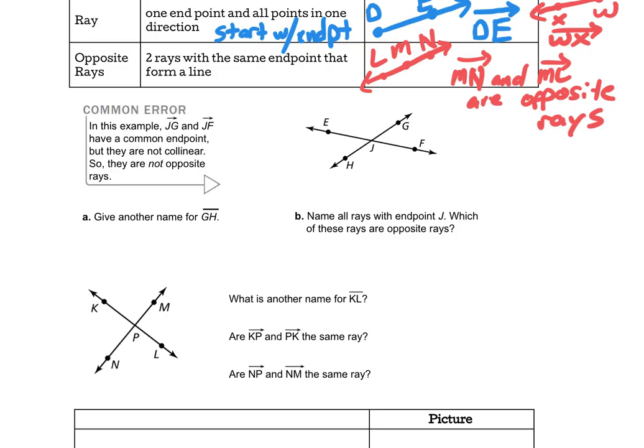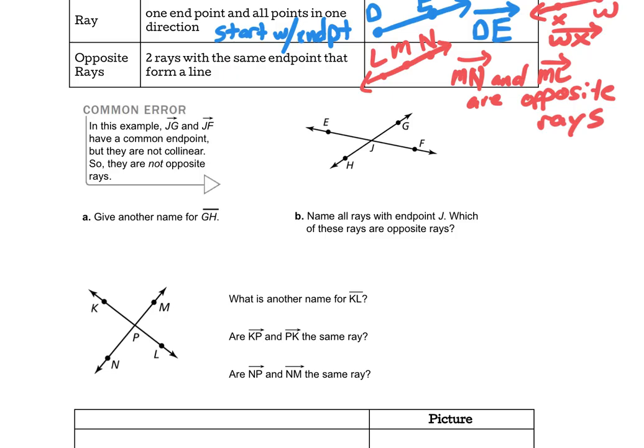JG and JF have a common endpoint. Are they opposite rays? They both start at J. So are they opposite? They're not opposite because in order to be an opposite ray, if I say JF, what goes opposite of JF?